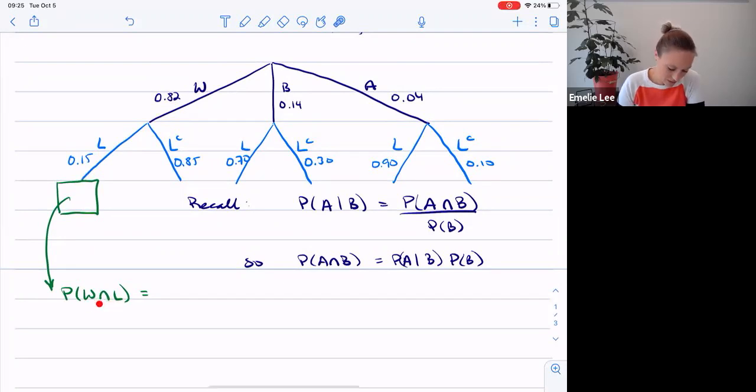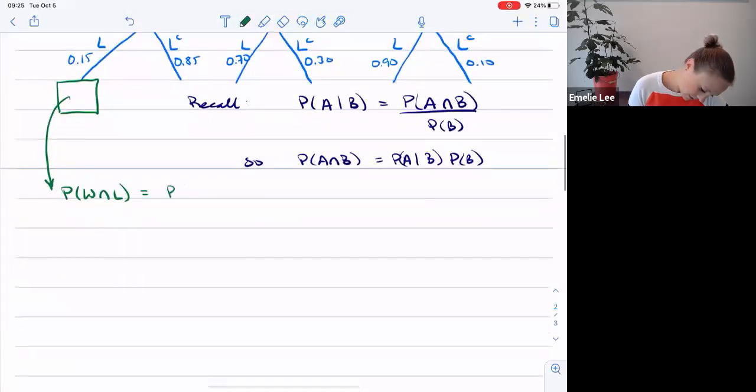So then the probability of being white and lactose intolerant is going to be the probability of being, we have lactose intolerant given white, right? We want to have kind of the same setup as the things that we know.